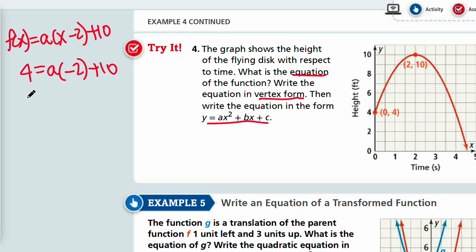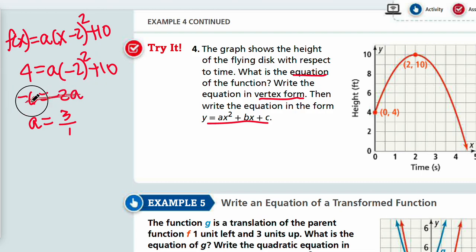Minus 10 on both sides. You have negative 6 equals negative 2a. So a is equal to negative 6 over negative 2, right? Oh, I forgot the square.